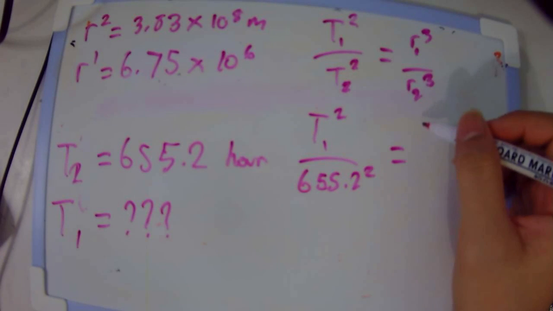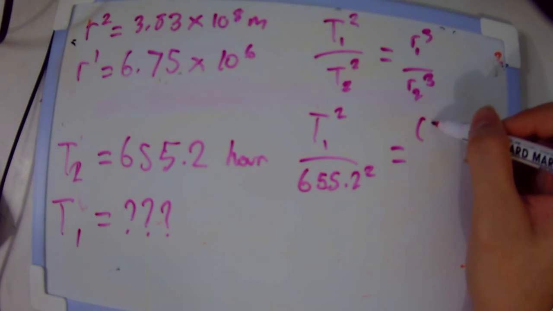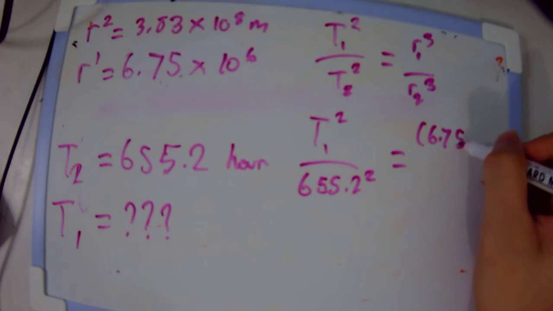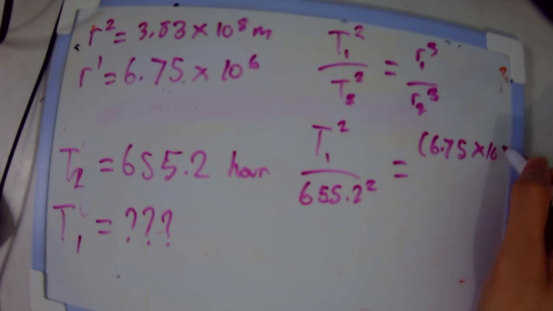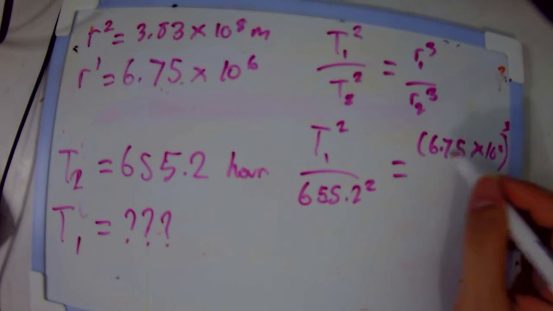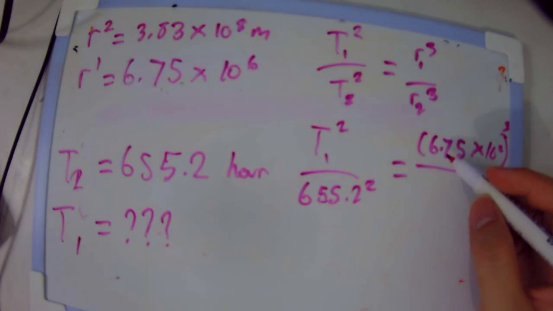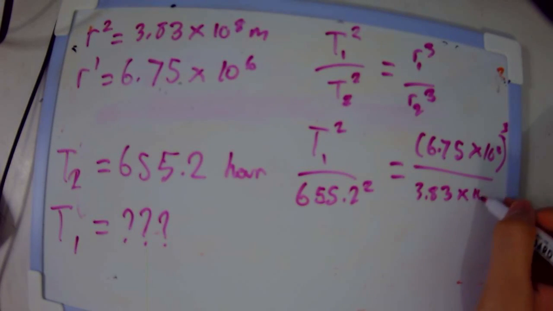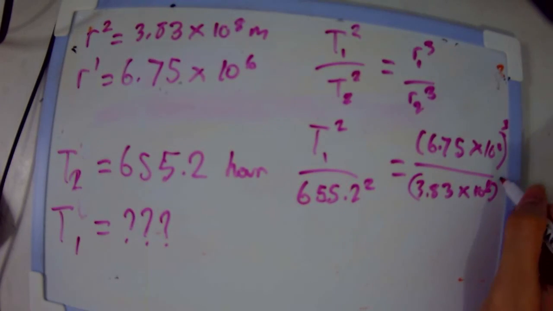655.2 squared. 6.75 times 10 to the power of 6, cubed. I'm running out of space. 3.82 times 10 to the power of 8, cubed.